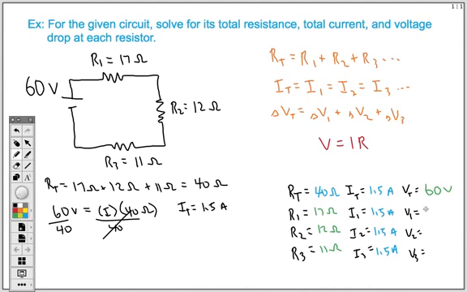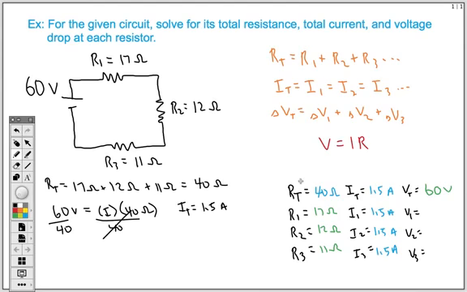Now all we're left to do is solve for each of these voltage drops, which is telling us how many volts are being used as the electricity flows through all of these resistors.